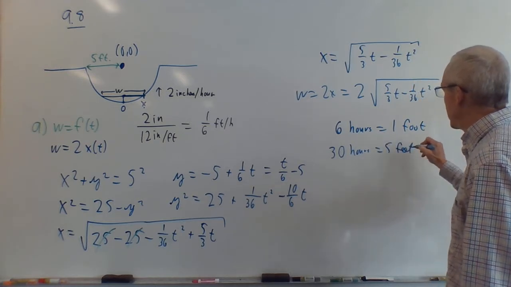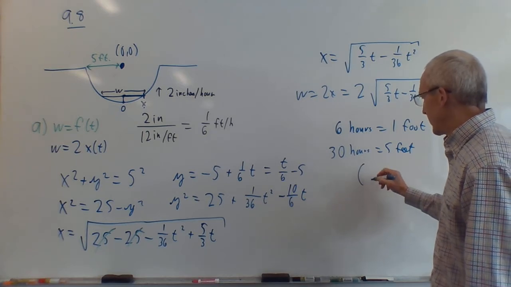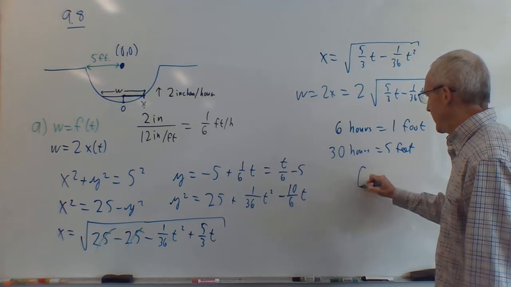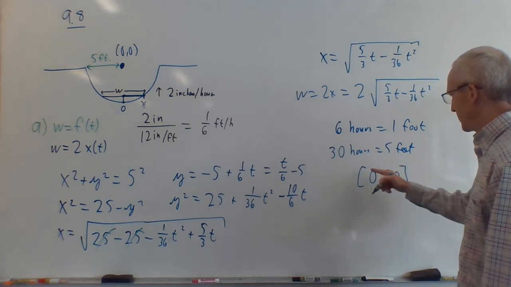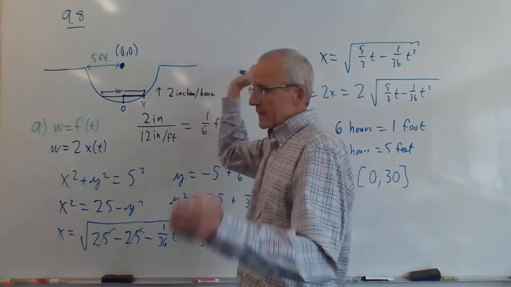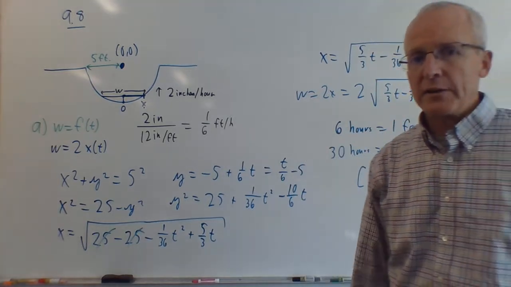So our domain for t would be, let's see, it includes 0. So 0 to 30. And we can include 30 because that's when it fills up. 0 to 30. So we'll put brackets there because it includes 0, includes 30. But after 30, it overflows and the width doesn't make sense anymore. That's our domain. That's the allowable values for time.